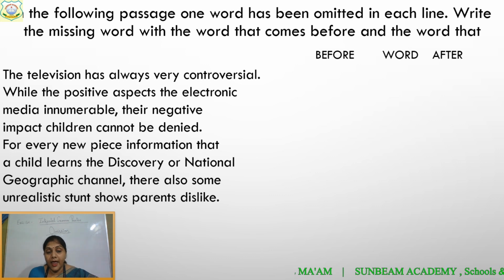Okay. And while checking, we should check very carefully, because sometimes we get the mistake in the first round only. So have we got the mistake? Is there any mistake in the tense? Yes, there is a mistake in the tense in the very first line. The television has always very controversial.